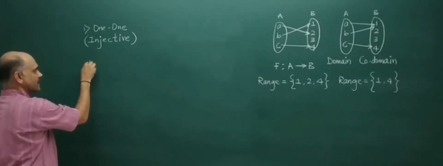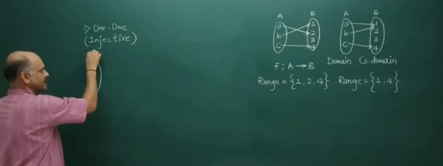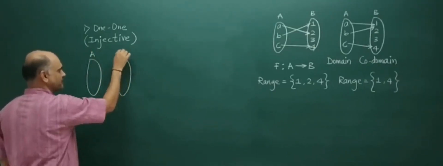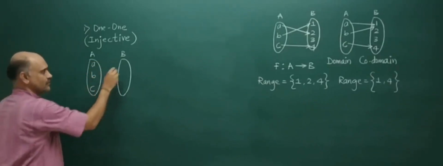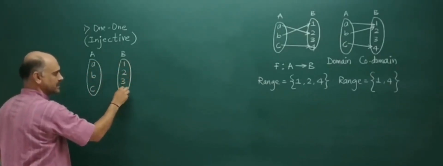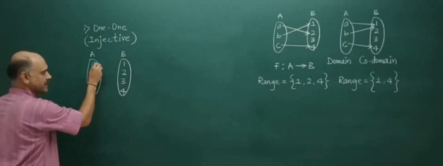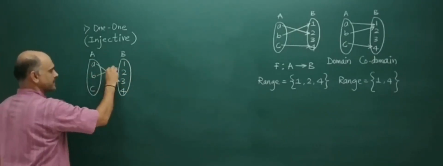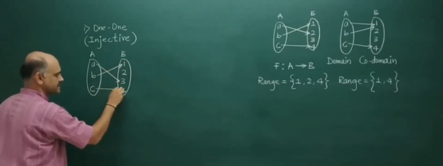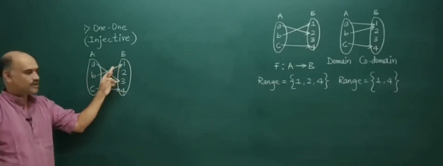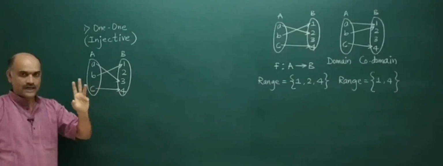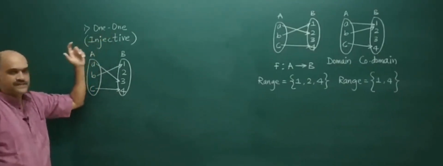So first what I have written, you can take A, B, C, 1, 2, 3, 4. So A is related to 3, B is related to 1, C is related to 4. All are distinct. So you can say it is one-one.